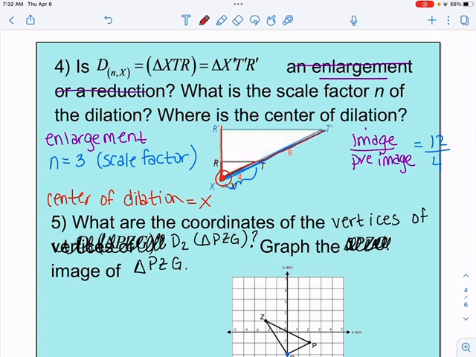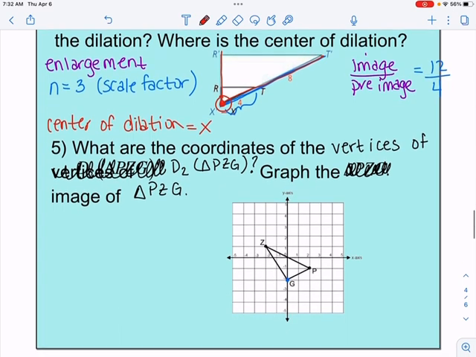Okay. The formatting didn't come in on 5. I tried to clean it up before I started the video here. So it says, what are the coordinates of the vertices of a dilation of 2 of the triangle PZG? And we want to graph that image. Okay, well, if I want to know what the coordinates are, the first thing I'm going to have to do is find out what my original coordinates are so I can dilate them by 2.